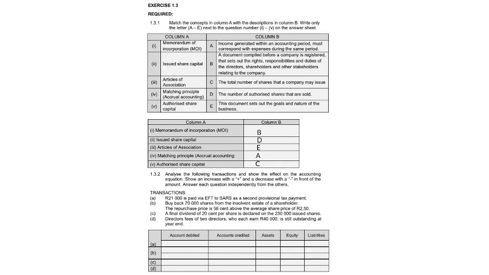1.3.2. Analyze the following transactions and show the effect on the accounting equation. Show an increase with a plus and a decrease with a negative in front of the amount. Answer each question independently from the others. Transactions. Number A. 21,000 Rand is paid via EFT to SARS as a second provisional tax payment. Okay, so the account to be debited will be SARS income tax.